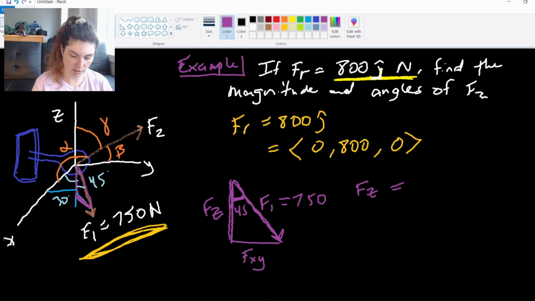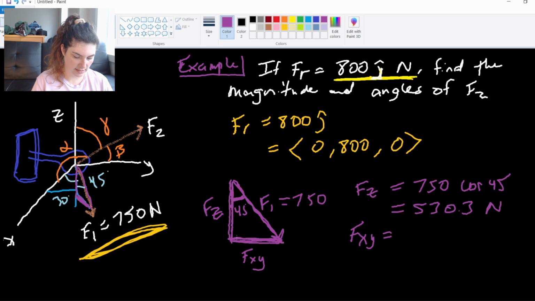Cosine of 45, which is 530.3 newtons. But note again, I almost missed it, I almost didn't write it down. This is negative. This is going downwards. It's a negative 530.3.